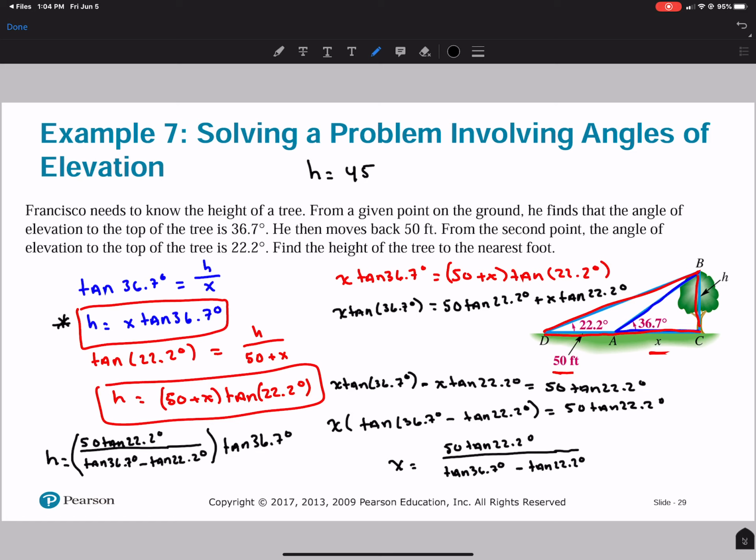So when you put it in the calculator, you should get roughly 45 feet. So make sure if you have any questions about this, you send me a message and let me know any issues that you have with this problem.